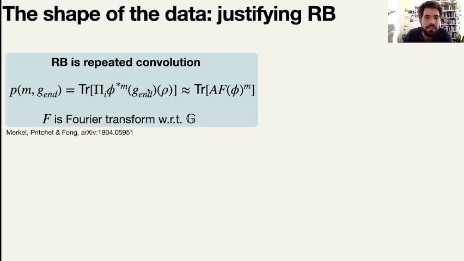So what this really means is that this P of M data can be thought of as the m-fold power of some matrix that is the Fourier transform of phi, taken at some particular location, so the inner product with some other matrix that is defined by rho and pi. So this is our first major ingredient.